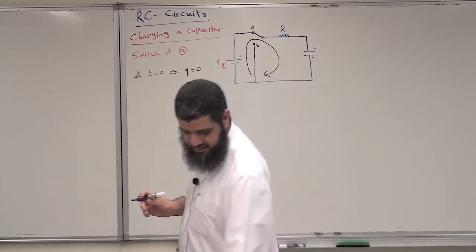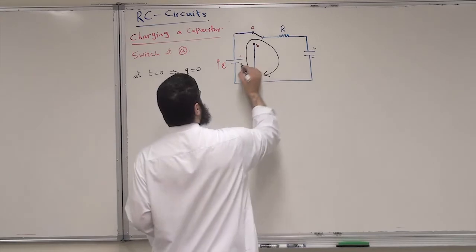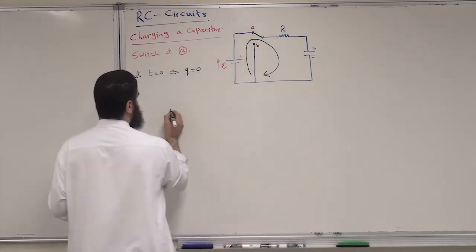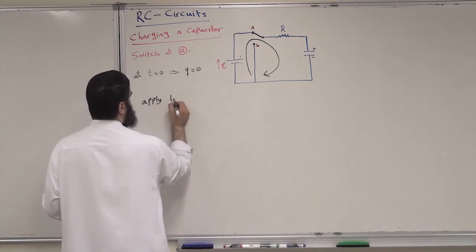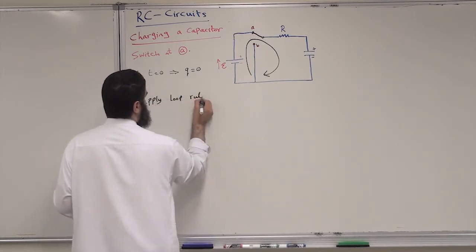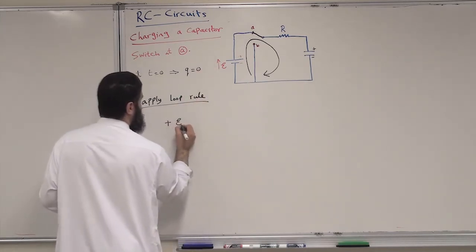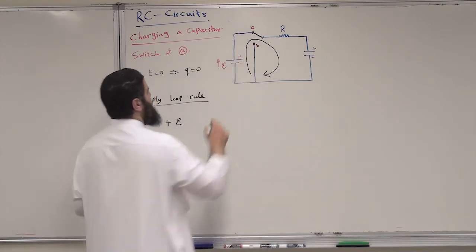I am moving from the negative side of the EMF to the positive side, so we will experience plus. Applying the loop rule, we get plus E, because I am moving from the negative to the positive side of the EMF.